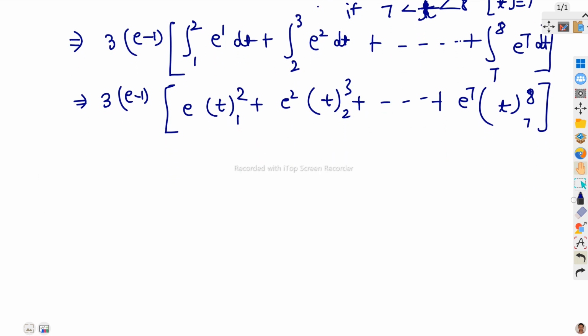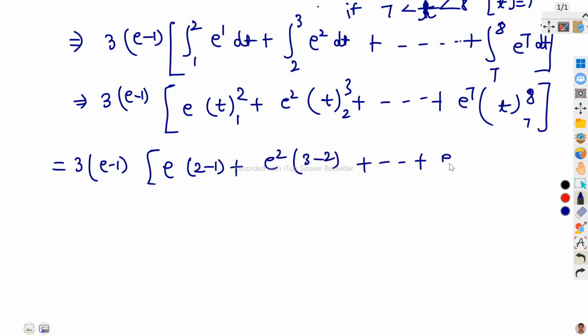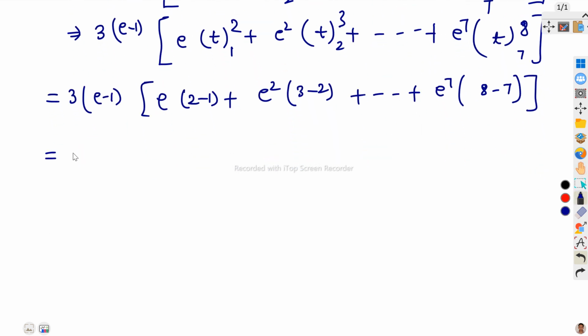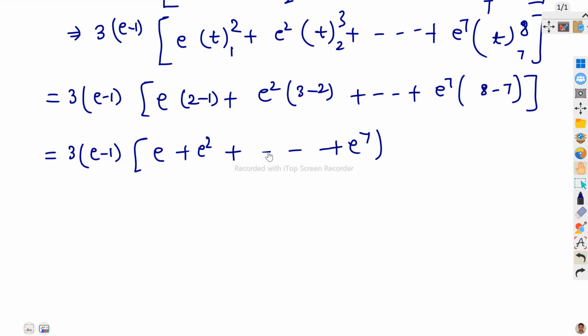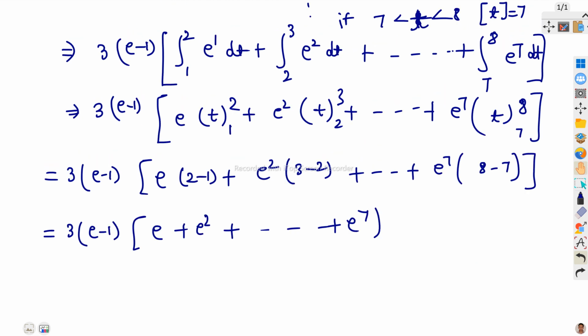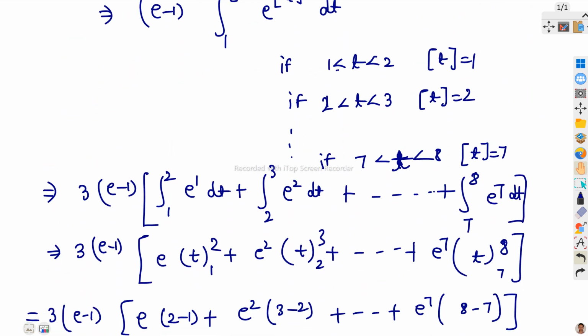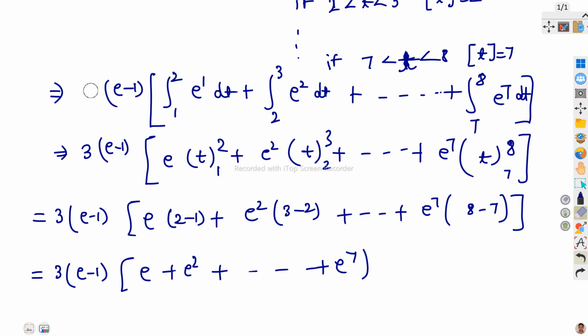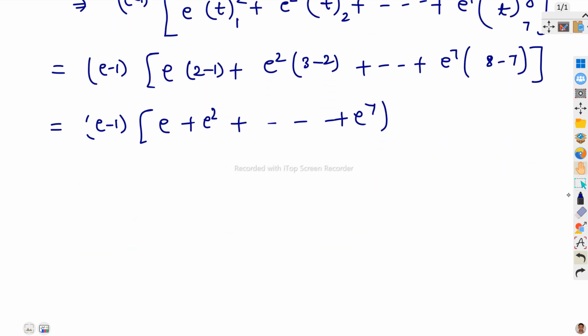So this becomes (e − 1) times [e(2 − 1) + e²(3 − 2) + ... + e^7(8 − 7)]. The 3 has been cancelled out, so it does not remain in the integral.